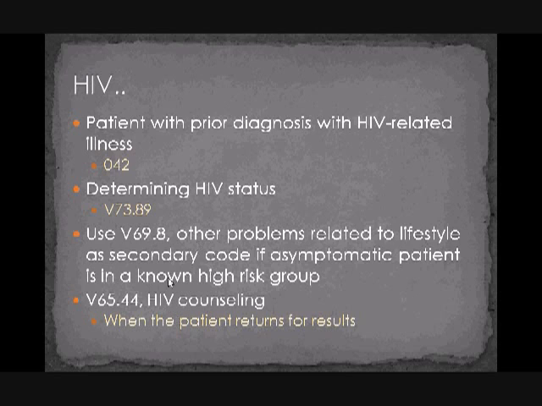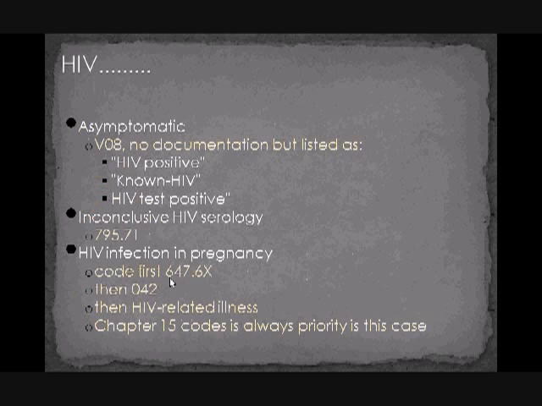Now there is another code that you can also tack onto the individual code for the HIV status. This is a V69.8. All this code is saying is that the person has behaviors that put that individual at a higher risk for developing HIV.